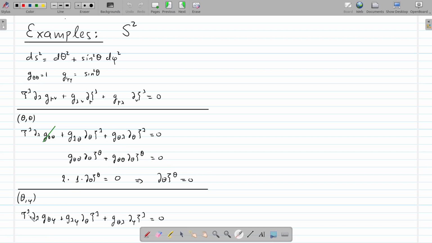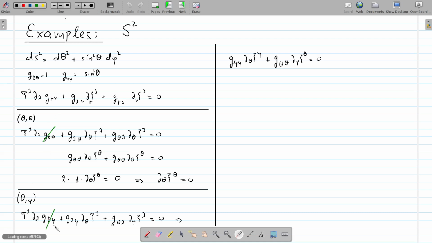The theta phi component is also obtained by putting the index mu to be theta and the index nu to be phi, and by keeping only non-zero terms, we have this equation here. Notice also that g theta phi is 0, so there's no derivative here for g.